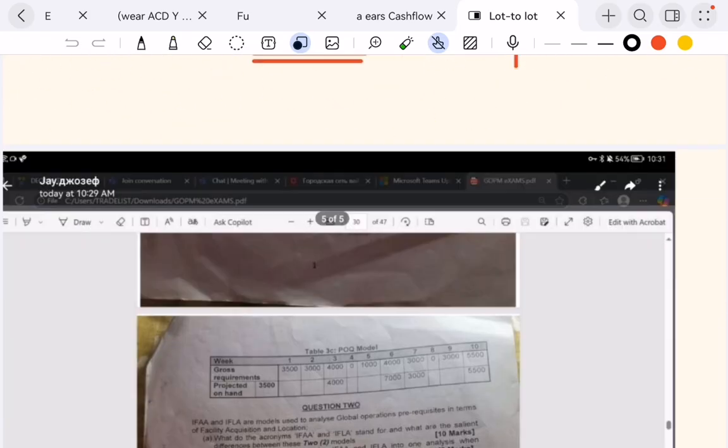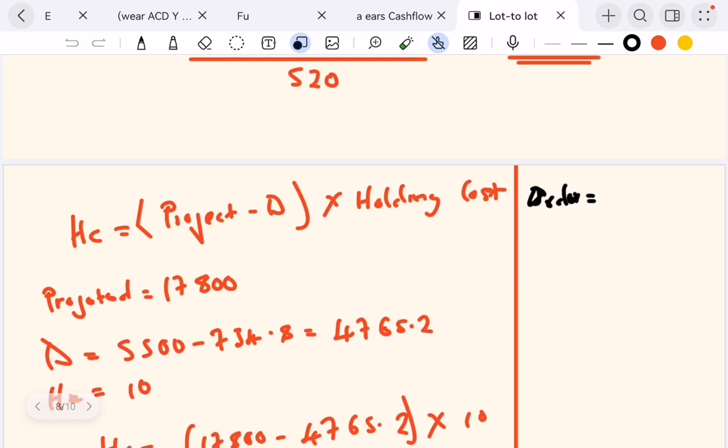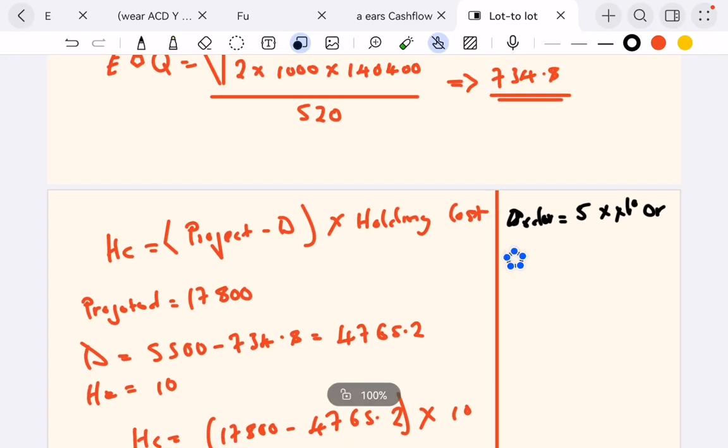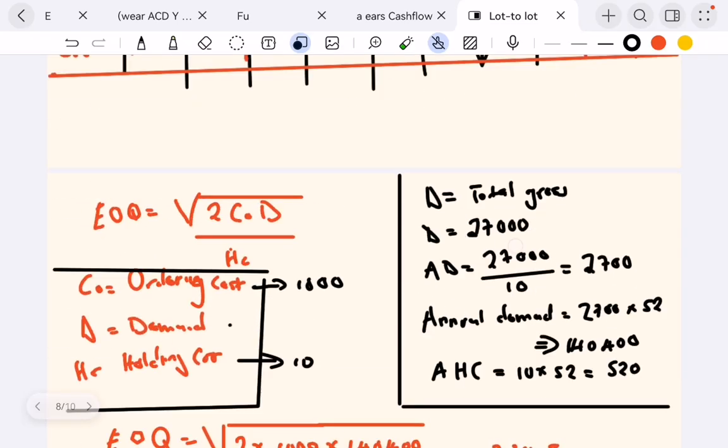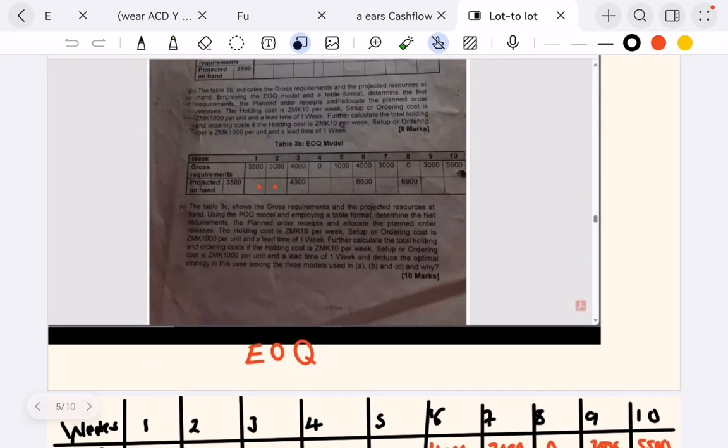So the ordering cost will be equal to setup cost, which is how much? From the question, setup cost is 1,000.